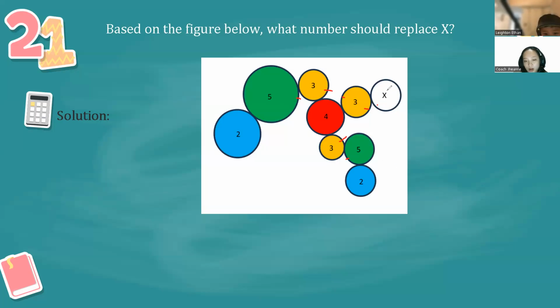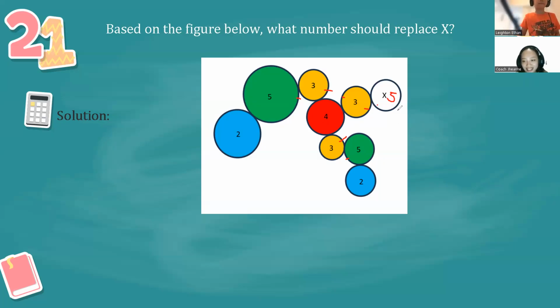So this ball with an X should be replaced by a green ball that contains 5. So X should be replaced by 5. The answer is 5 because in the pattern, these three balls were attached to a green one, a red one, and also a green one. Okay, so the answer is 5.